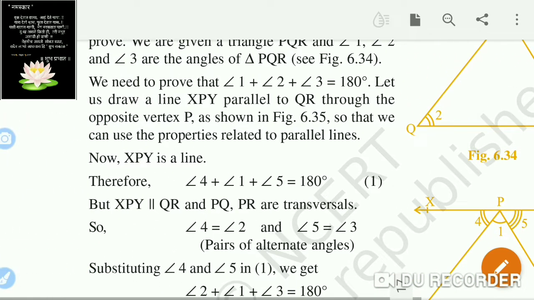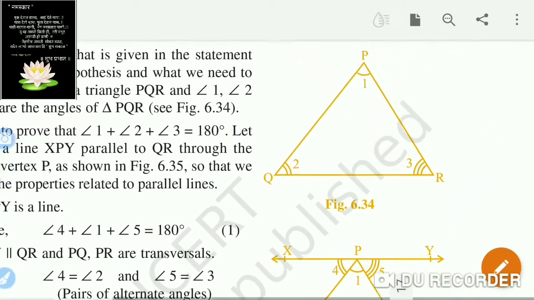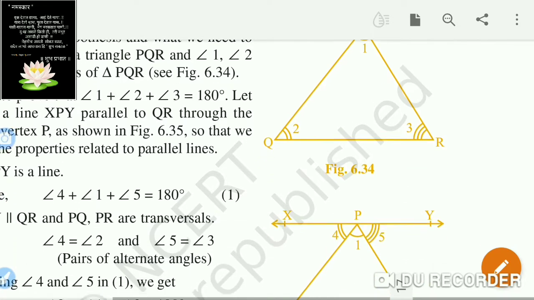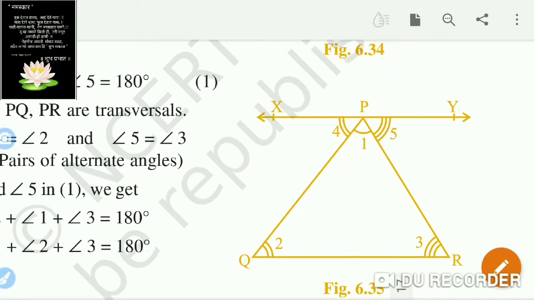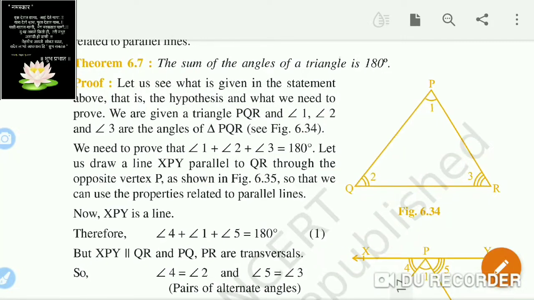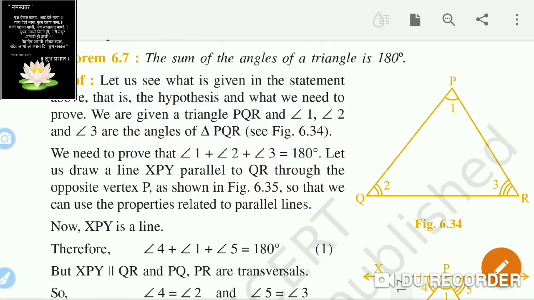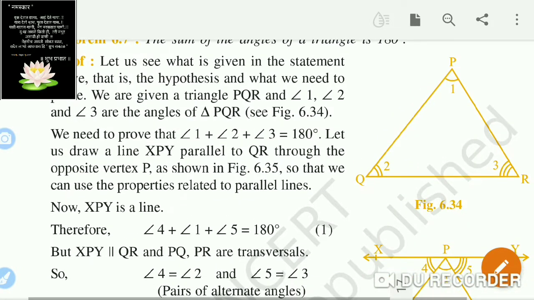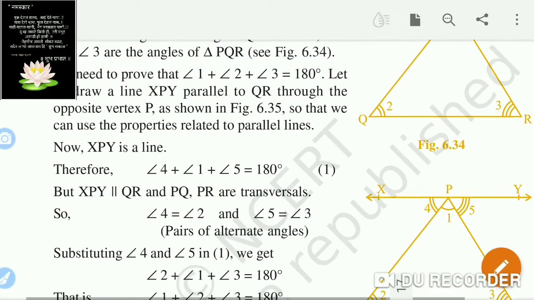Okay. So for that we need this triangle and one construction. Through P you have to draw one line XY which is parallel to QR. So see here, let us draw a line XPY. Can you see?